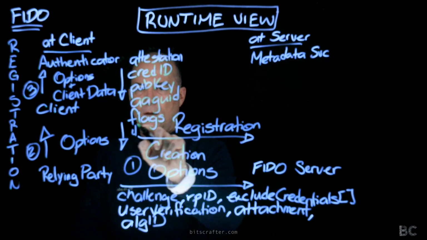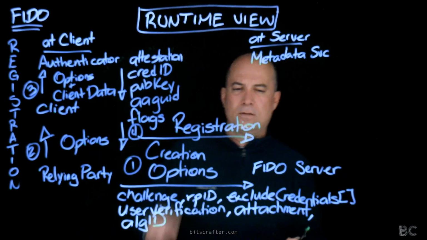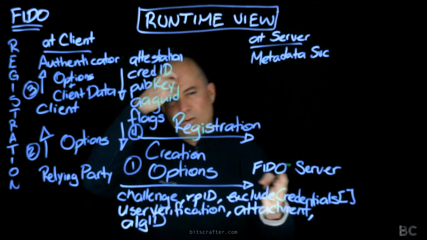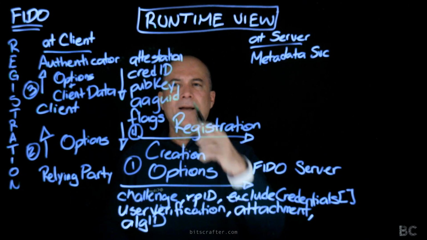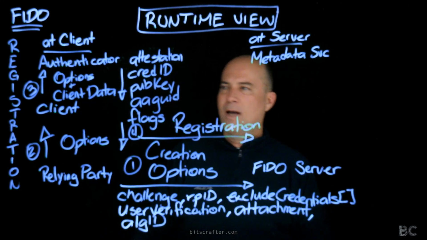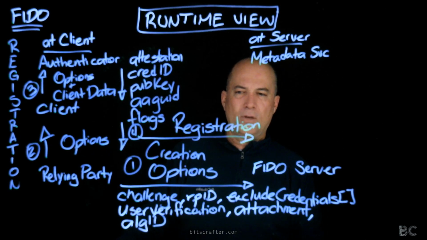So a fourth step is to invoke a registration API and include all this output that's coming from the authenticator.